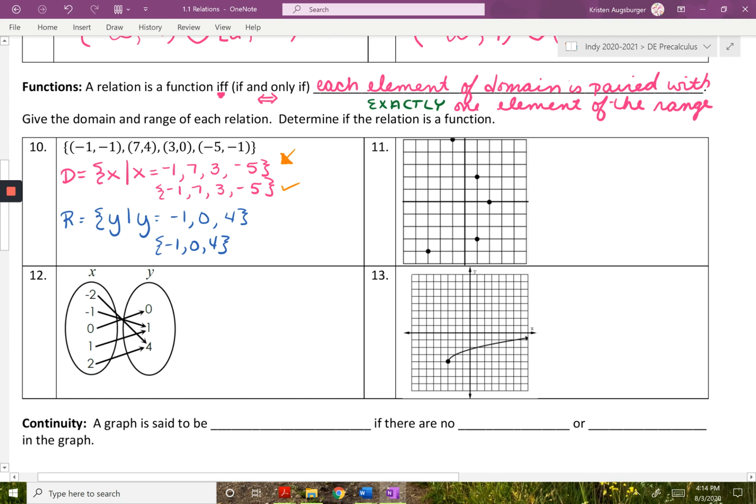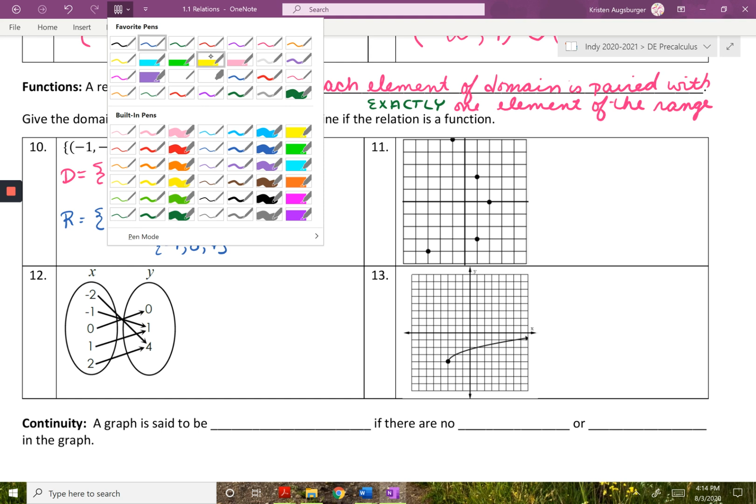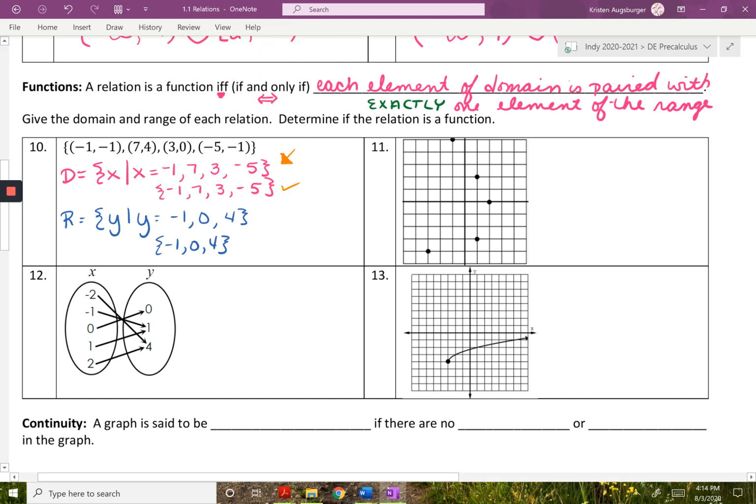Now, is that a function? Each x can have only one y. Each x only shows up once. I don't have an x repeating itself in the domain. That tells me that this is a function.